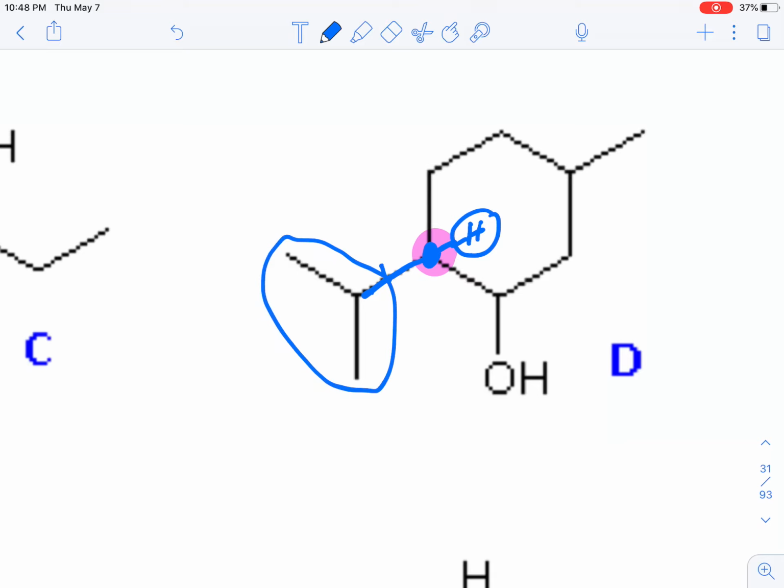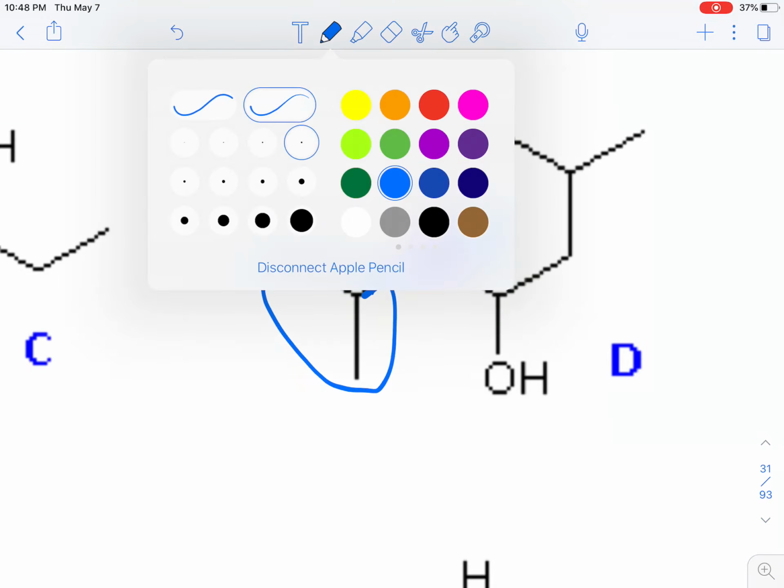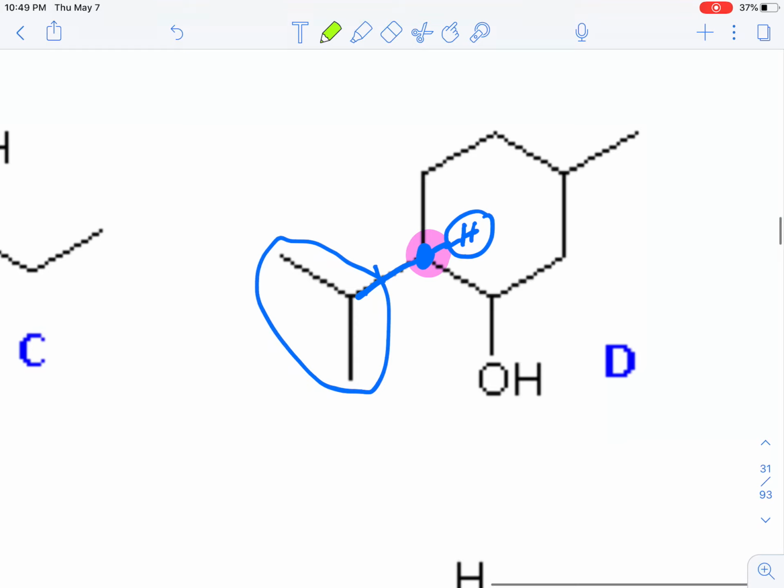When you are dealing with the remaining two bonds for cyclic compounds, what you want to do is cut it in half. I'm going to change my colors here. Let me do orange, and I'm going to cut it in half.